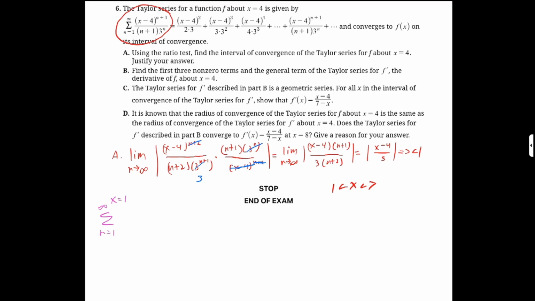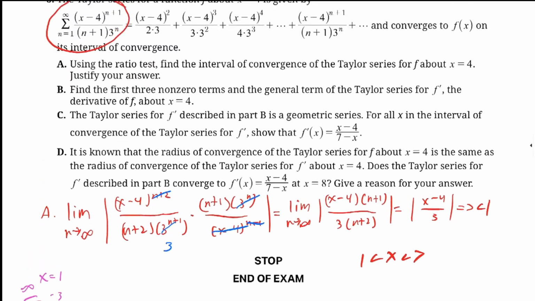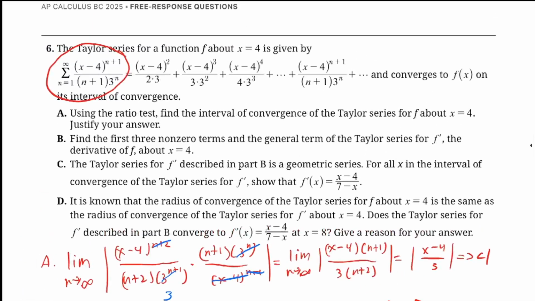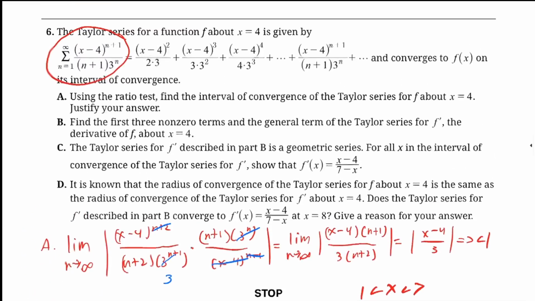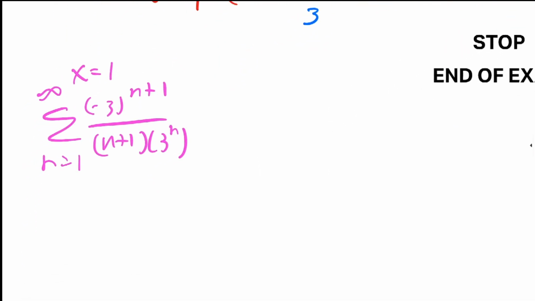If we plug in x equals 1, we get negative 3 to the n plus 1 over n plus 1 times 3 to the n, okay? So this is our new series that we have to look at for plugging in x equals 1.